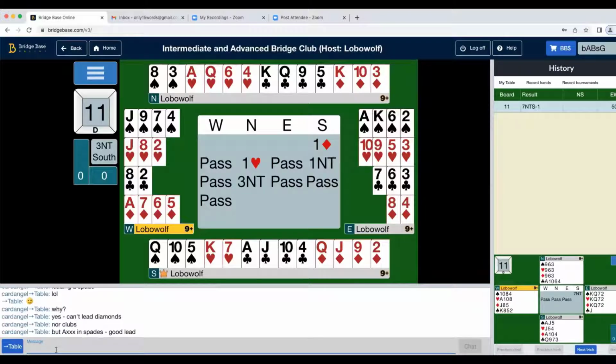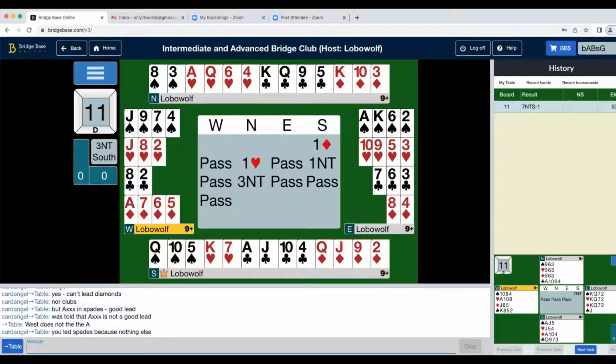Yeah, so can't lead diamonds or so are you saying why is West's opening lead a spade? Yeah, West doesn't have the ace here.